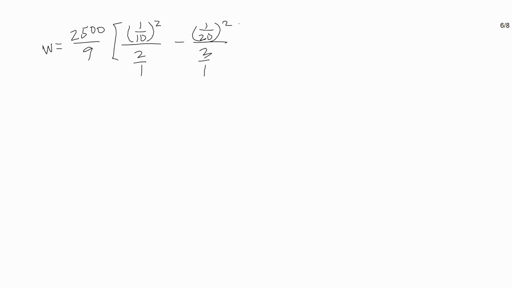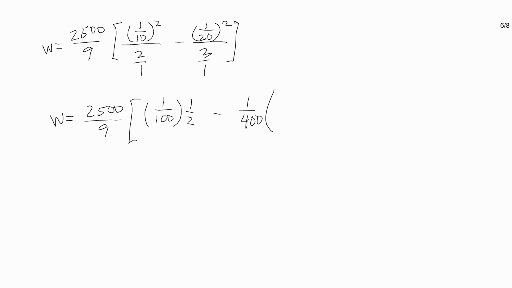Is that everything in there? So W is equal to 2,500 over 9, 1 over 100 multiplied by 1/2 minus 1 over 400 multiplied by 1/2.